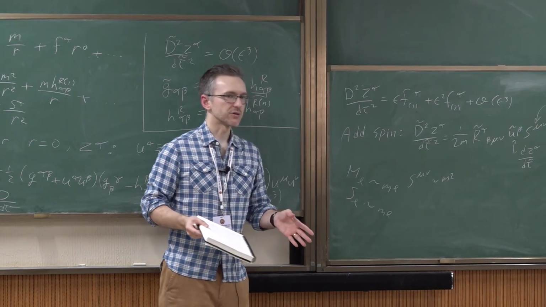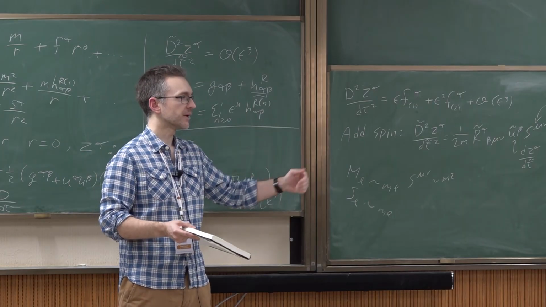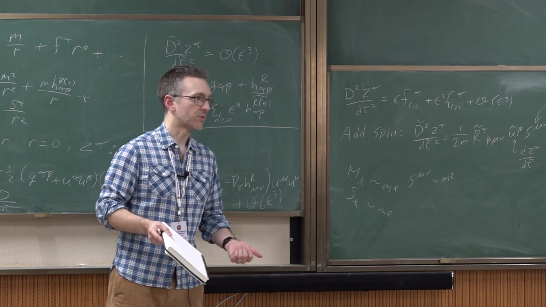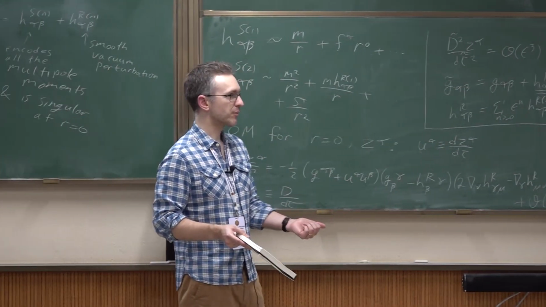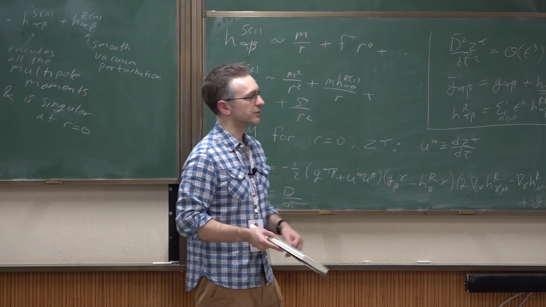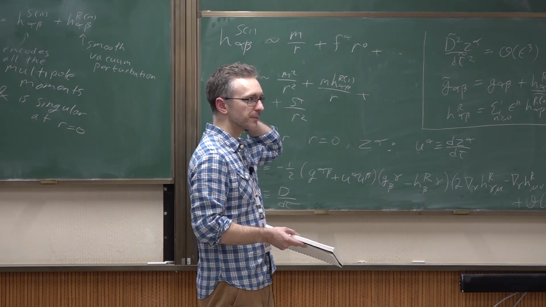Now, it's a different question of how accurate the result is for a given body. So if you try to apply this to a white dwarf or something, its quadrupole moment is going to have a bigger impact than the second order self force. But for a neutron star, this should be a consistent thing to do.